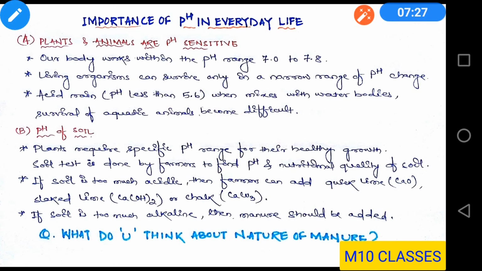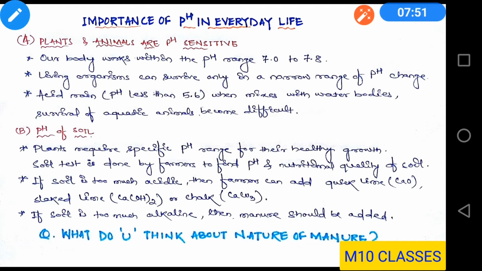Now see students, what is the importance of pH in everyday life? This is important, you can get a short question out of this. Plants and animals are pH sensitive. Every plant and animal requires a certain pH range for healthy growth. Our body works within the pH range of 7 to 7.8. Living organisms can survive only in a narrow range of pH change.